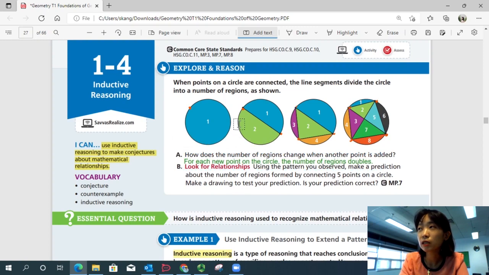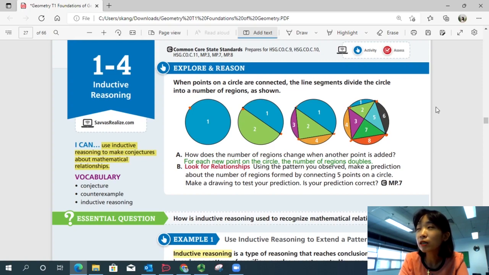Alright, let's look for relationships. Using the pattern you observed, make a prediction about the number of regions formed by connecting 5 points on a circle. Make a drawing to test your prediction. Is your prediction correct? So we stopped at 4 points. How can we predict how many regions we'd have for 5 points? What would be the next circle here?